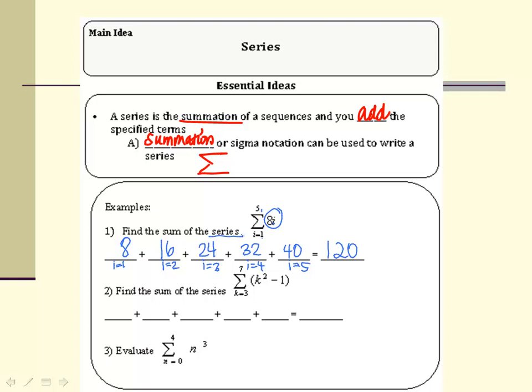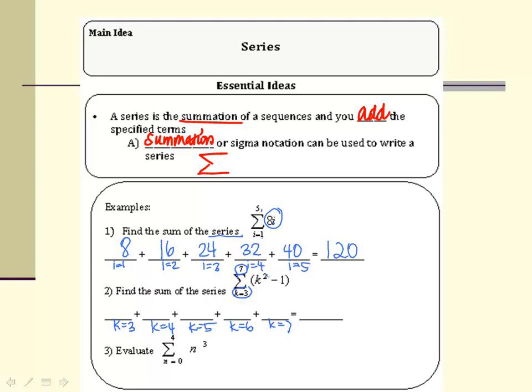So we're going to do the same thing, only this time they say start with 3. So we're going to let k equal 3, and then k equal 4, and k equals 5, k equals 6, all the way up until k equals 7. They'll always tell you the starting point and the stopping point. We do the same thing, plug it in for k.